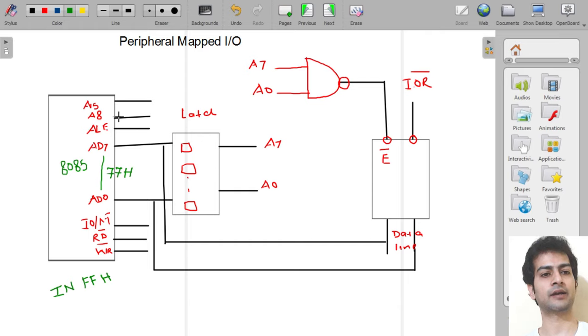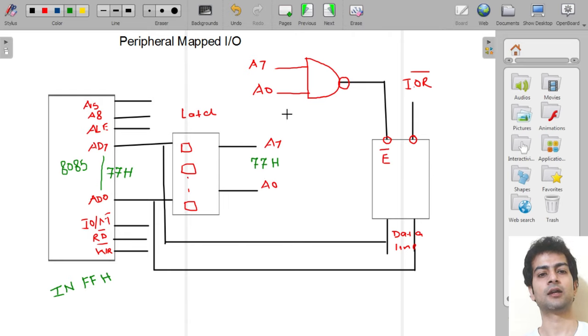There will be nothing at the higher order address bus. This address will come at AD7 to AD0. Then using this latch, this address will get latched here at the lower order address bus A7 to A0.